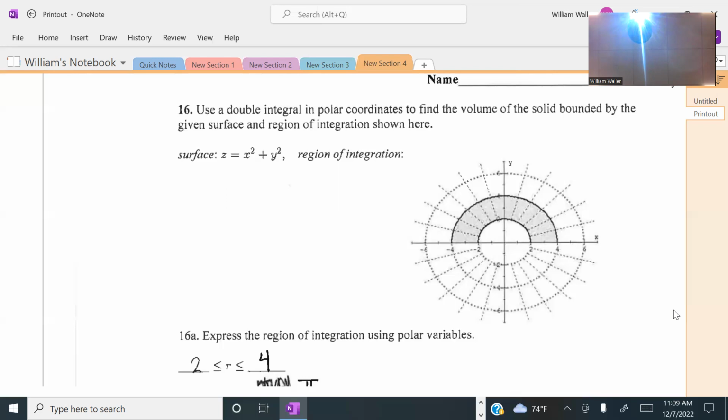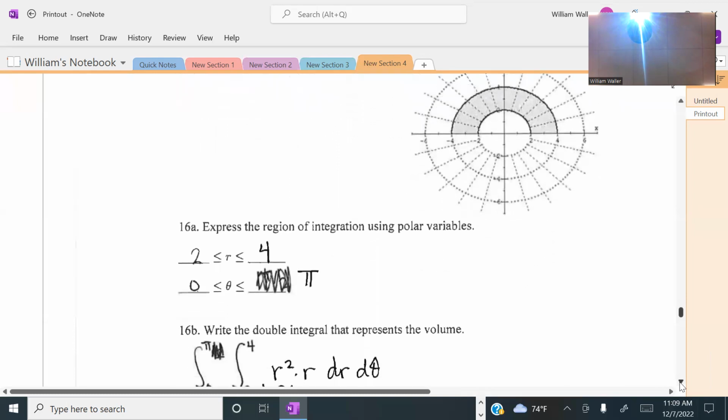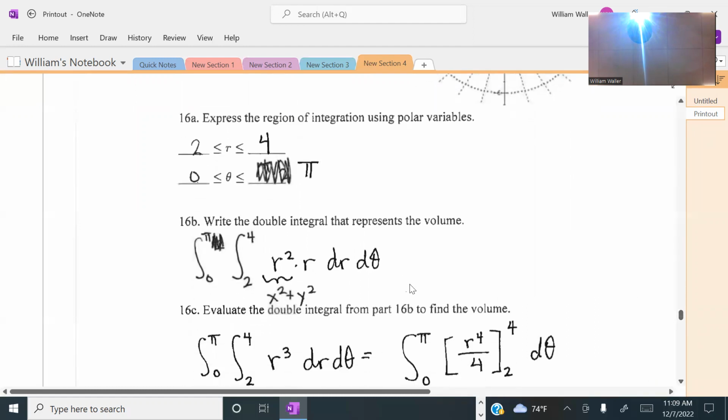Right? So your angles are varying between 0 and pi. So easy now to set up your polar integral because there are your limits of integration.